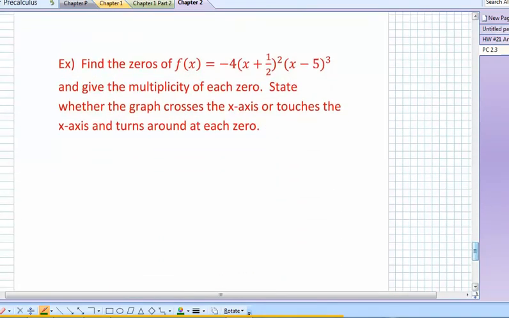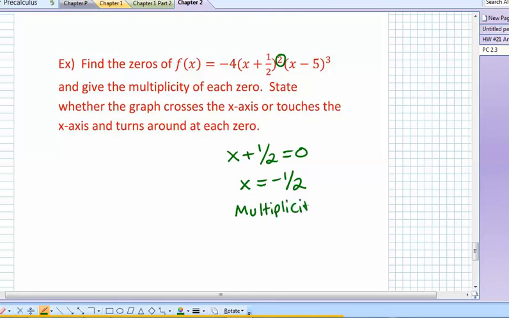It says find the zeros of this function here. Well, basically to find the zeros, you set each one equal to 0. Well, negative 4 doesn't have an x, so don't worry about that. But x plus 1/2 equals 0, so x equals negative 1/2. Now the power here is to the second power, so it's said to have multiplicity of 2.